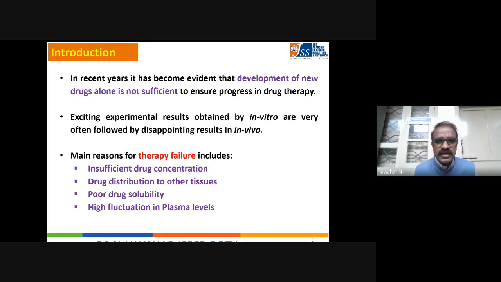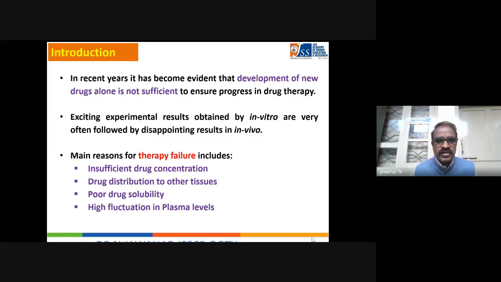But developing a new drug is not sufficient to ensure progress in drug therapy, because there are many newly developed molecules which show very nice binding efficacy with the particular receptor for many diseases, yet show very disappointing results in vivo.